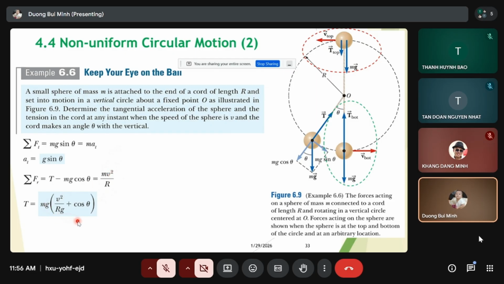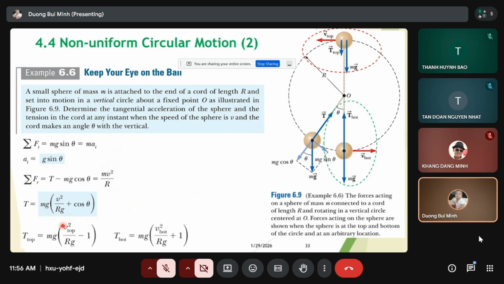For example, here is a special position, at the top. At the top you get the velocity direction, mg, and the tension force. So we can analyze the force diagram for different positions.